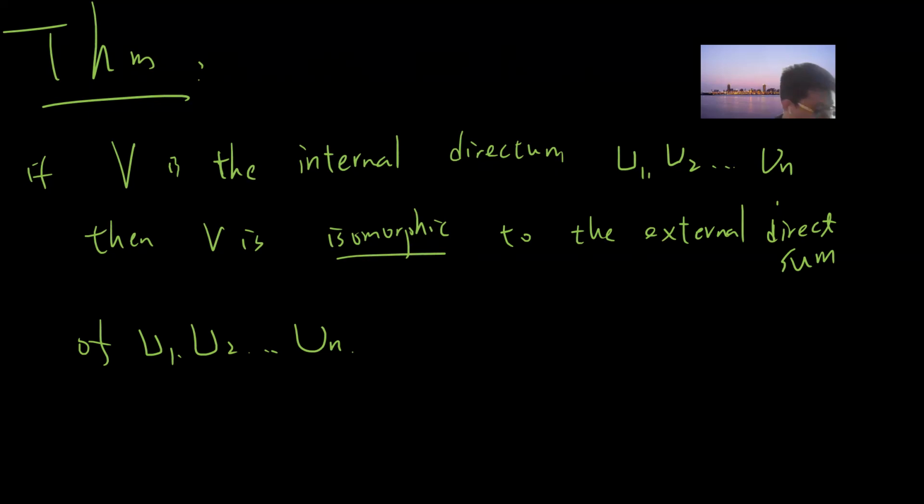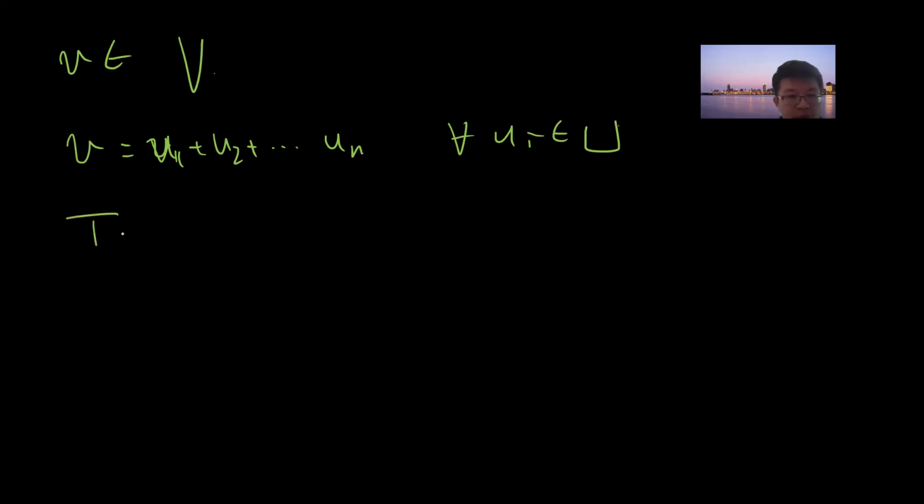But let's prove it. Suppose v belongs to V. Now this v should be uniquely written as U1 plus U2 up to Un, where all Ui belong to Ui. So I can define a map T from V into the external sum.